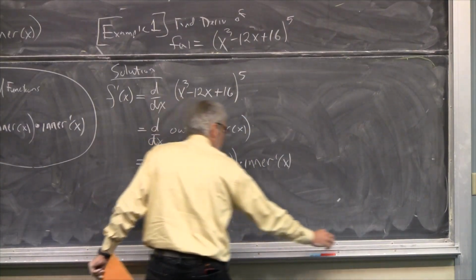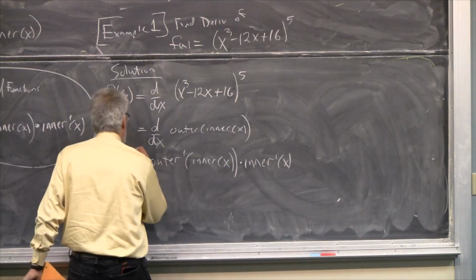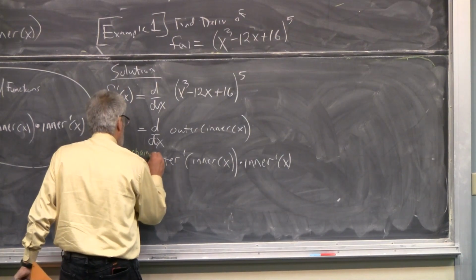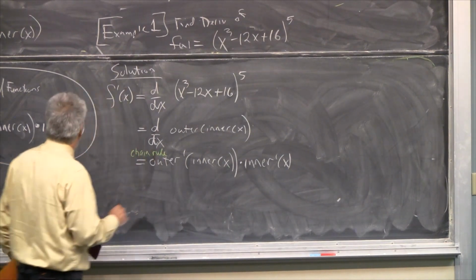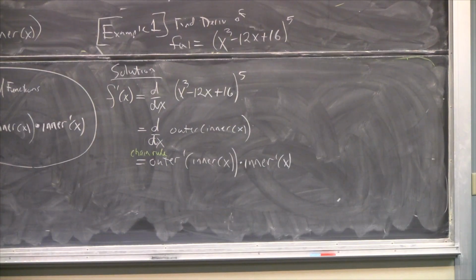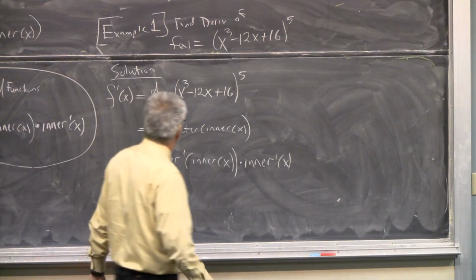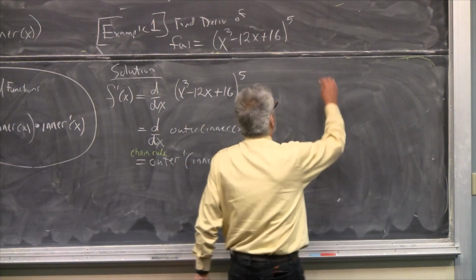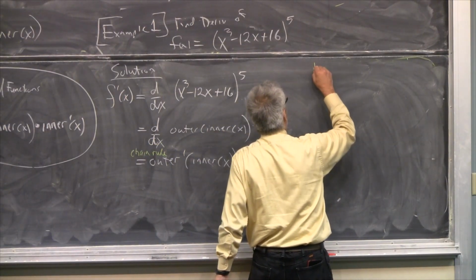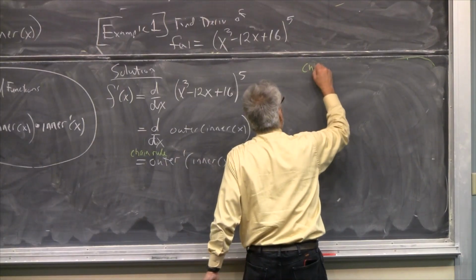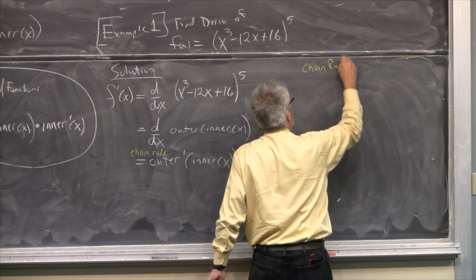So there I've used the chain rule, because on one line I have the left side of the chain rule, and on the next line I have the right side. So over to the side, I always put the dirty work.